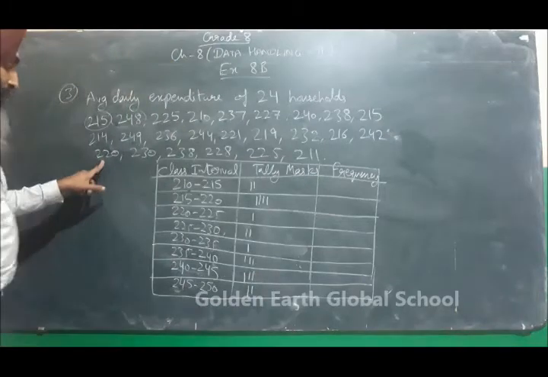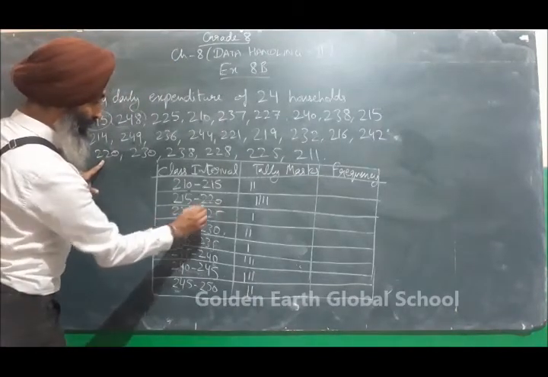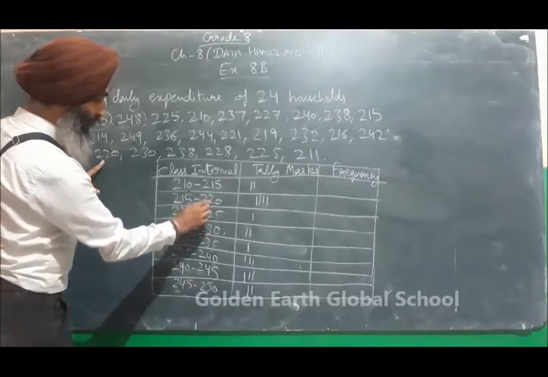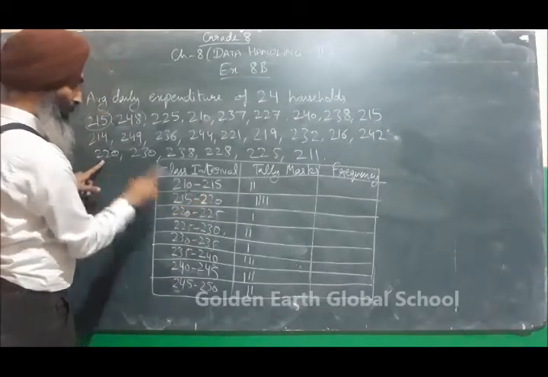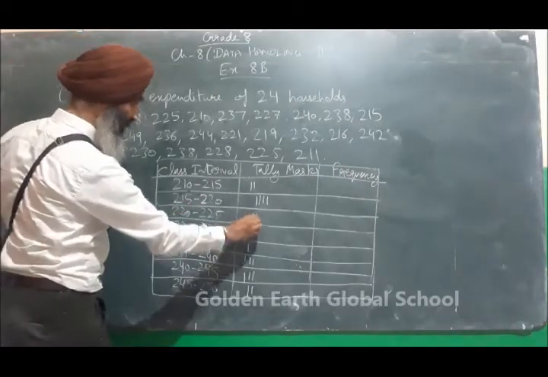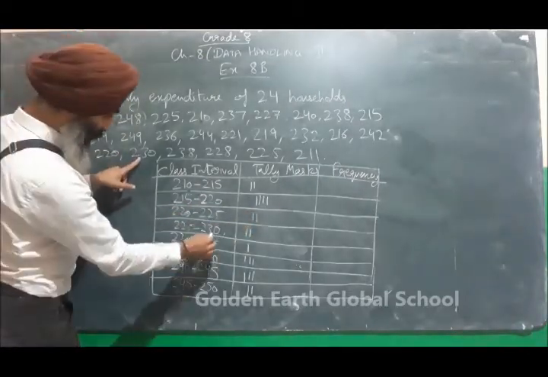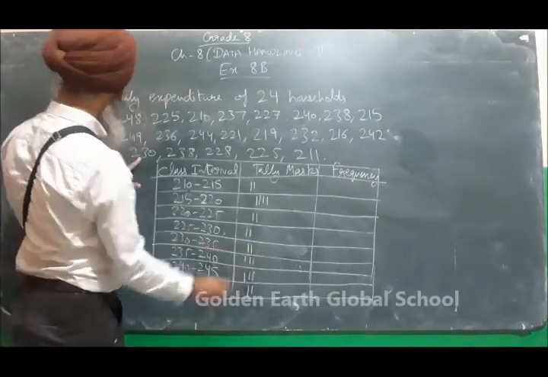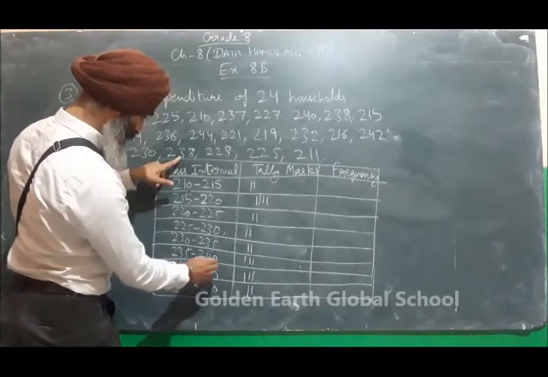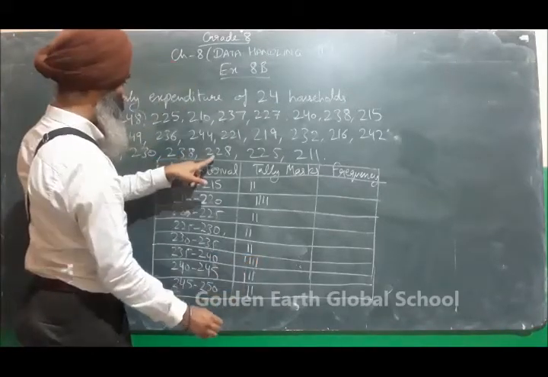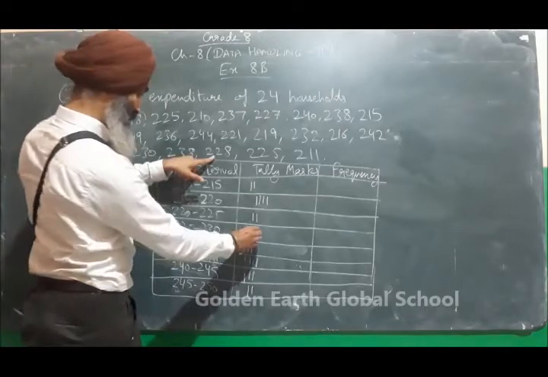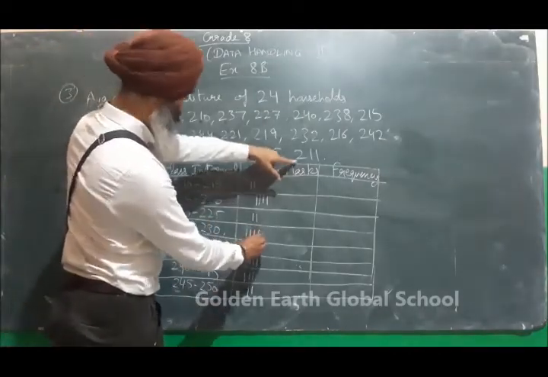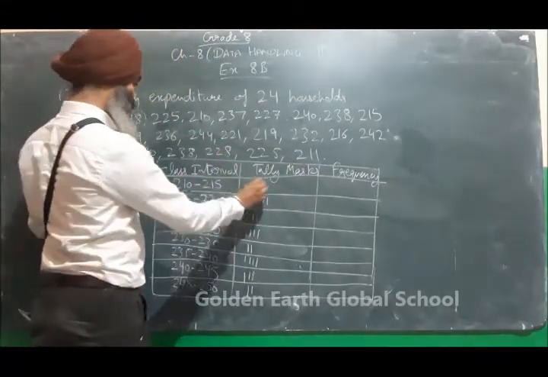Okay, 220 lies in this, not this, because we include only the lower limit, we do not count the upper limit. So 220 lies in this group. Okay, 230 lies in this group. So here 238 in this group. 228 in this group. 225 in this group. 211 in the first one.